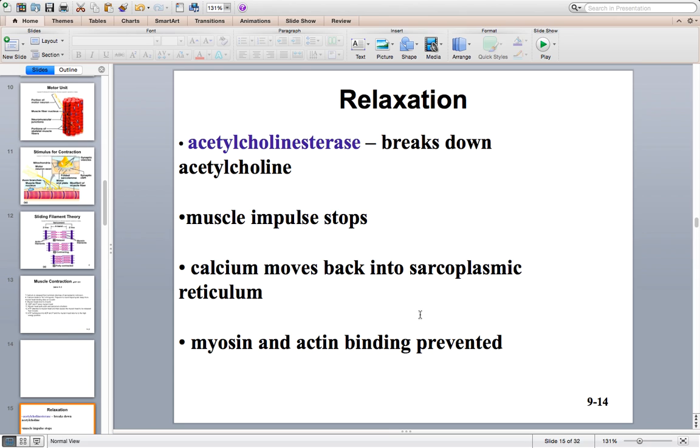So, for example, tetanus, that toxin can cause the acetylcholinesterase not to be able to do its work. Okay, muscle impulse stops, calcium goes back in the sarcoplasmic reticulum, and the myosin and actin binding is prevented because the tropomyosin is in the way.